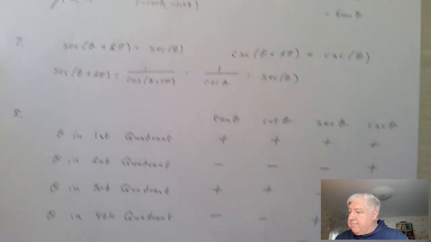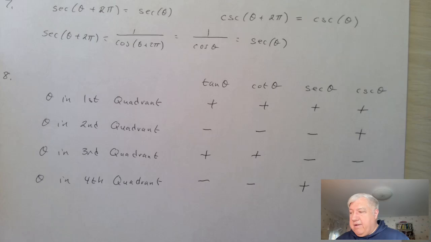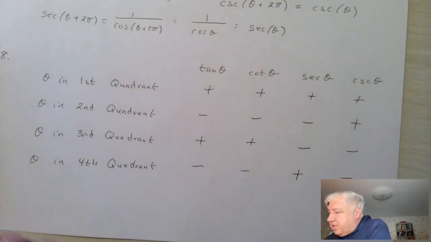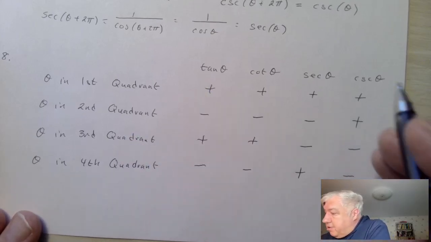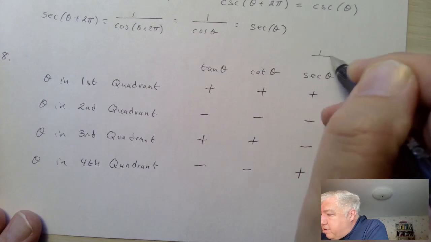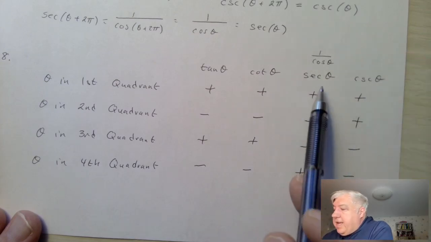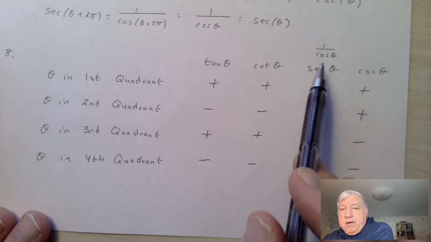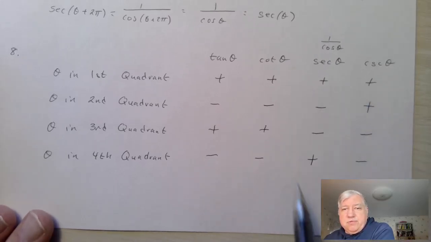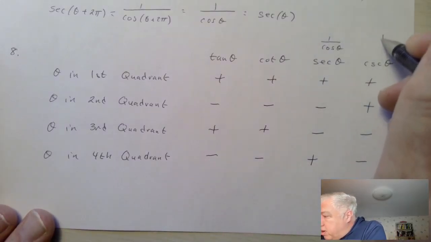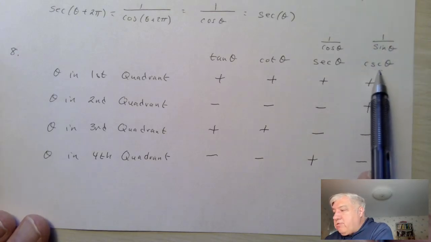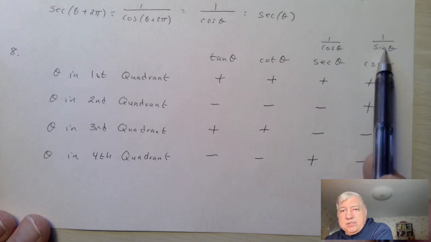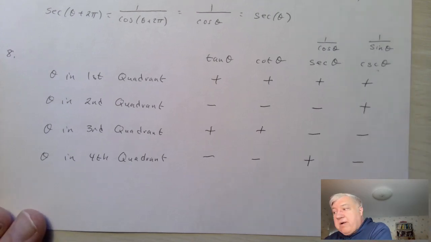And then finding whether these values are positive or negative corresponds to just remembering what these things are. Since the secant is 1 over cosine, the secant is positive whenever the cosine is positive, and the cosine is positive in the first and fourth quadrants. 1 over sine is cosecant, so cosecant is positive whenever sine is positive, and that happens in the first and second quadrants.